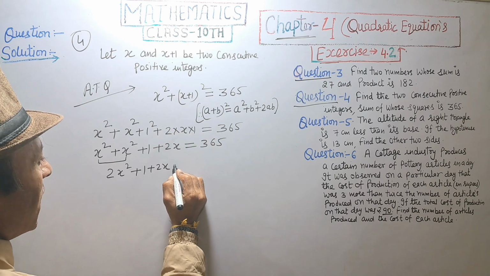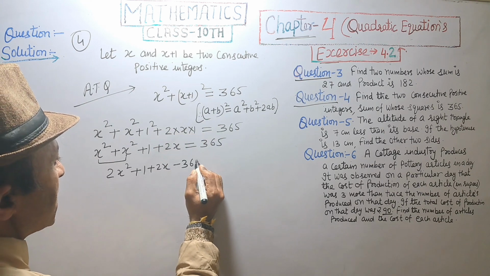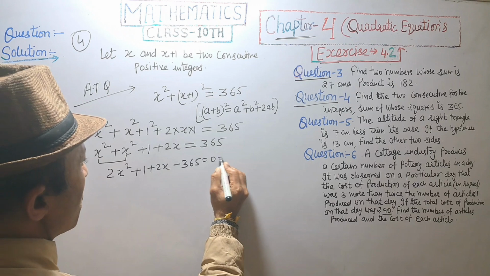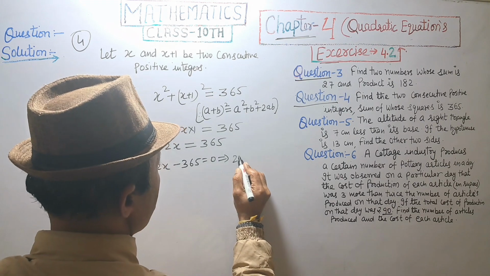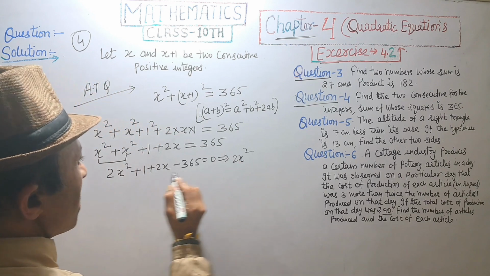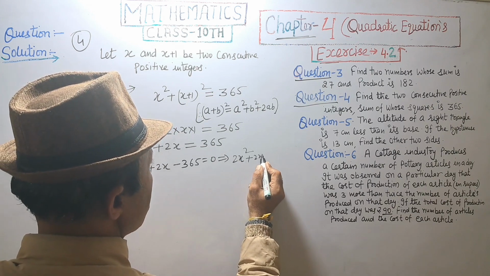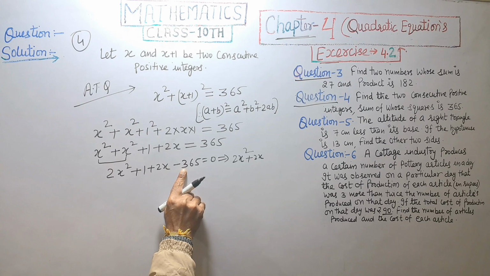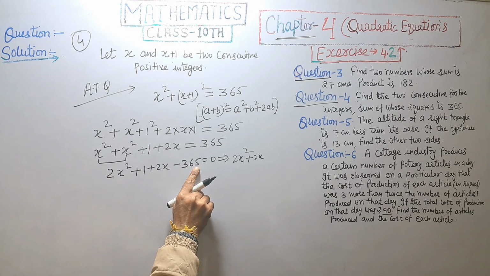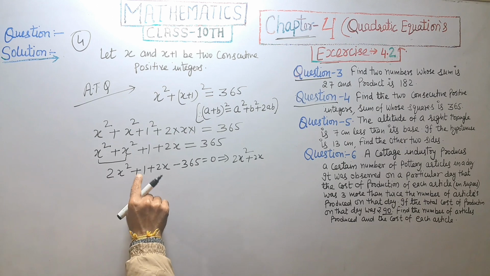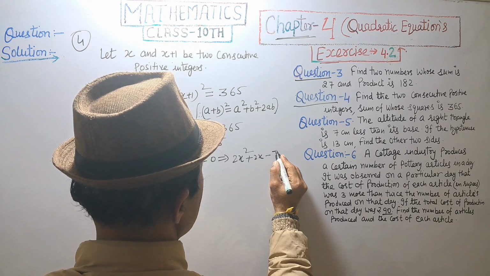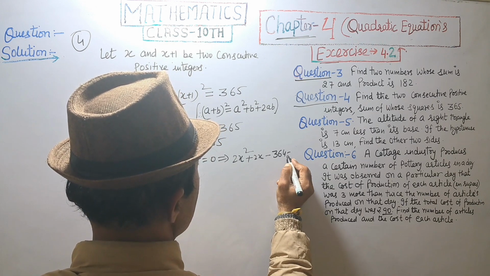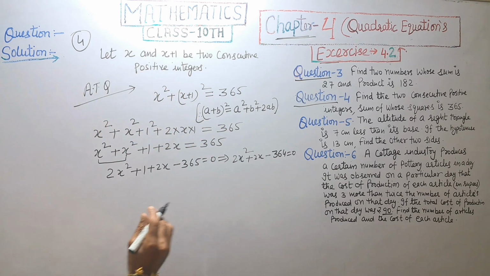Shifting 365 to the left side, this implies 2x square plus 2x minus 365 plus 1, that is minus 364, equal to 0.